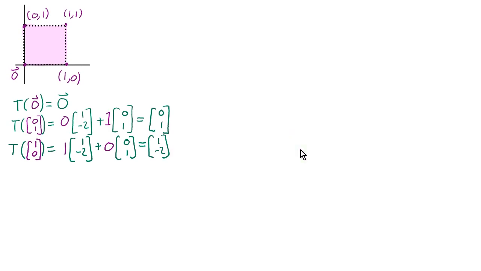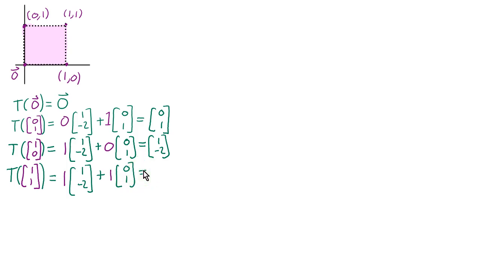And we can do the same thing with T of (1, 1). We'll get 1 times the first column of A, (1, -2), plus 1 times the second column of A, (0, 1).